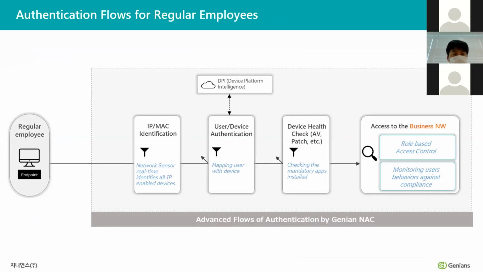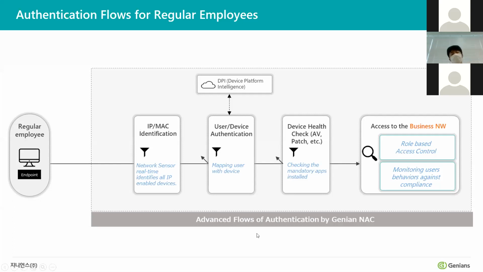This slide explains one example of the strong authentication flow for regular employees. When the regular employee brings the device and tries to access the network, we check the device itself, whether it is a registered one or a new one, and check the user authentication, which requires ID and password, or sometimes multiple SSO.